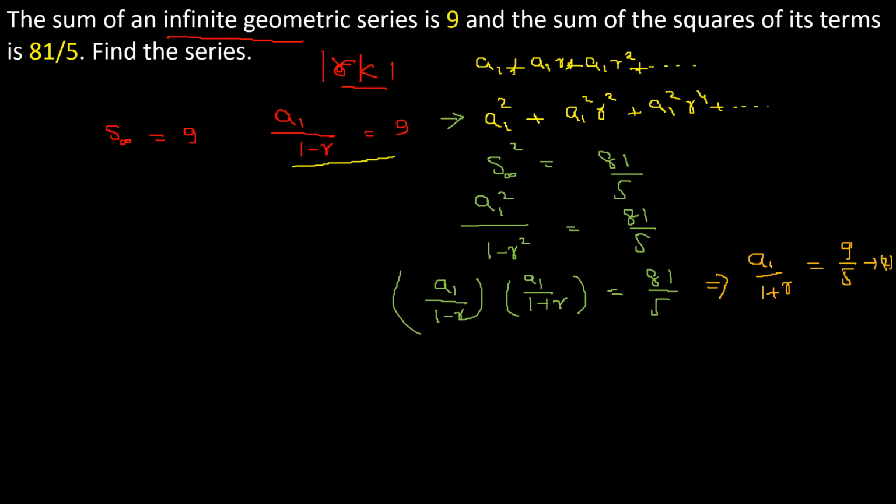Let's say this is equation number 2. So here this was equation number 1, and we have to solve them to find a1 and r, so we can get this series. So here we solve it.